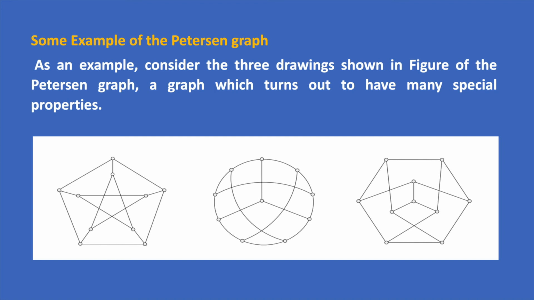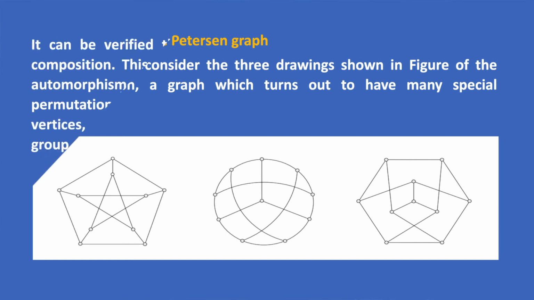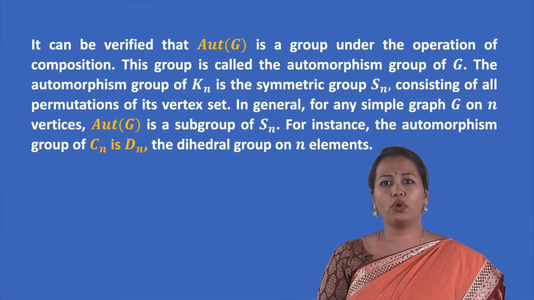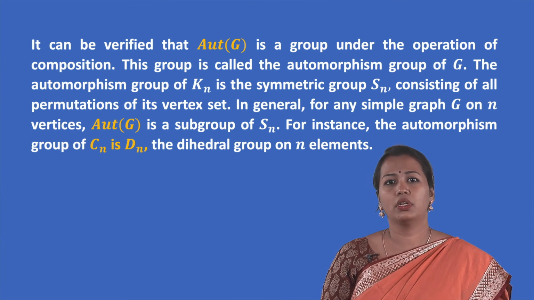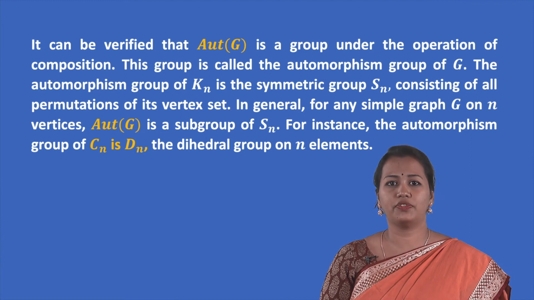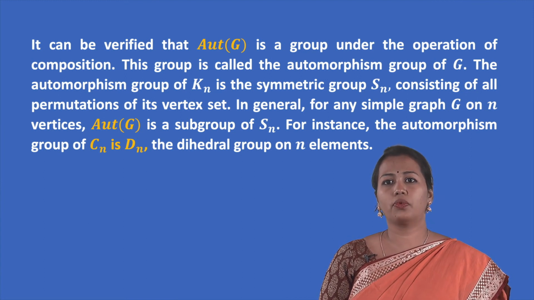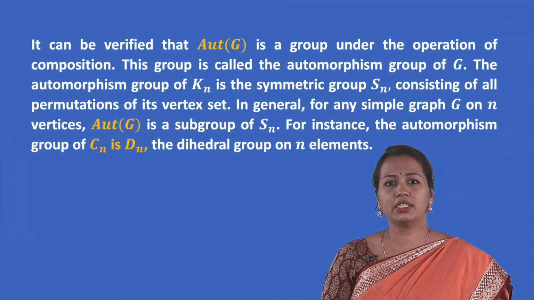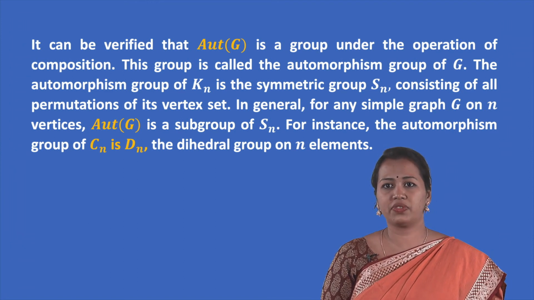We denote the set of all automorphisms of a graph G by Aut(G) and their number by |Aut(G)|. It can be verified that Aut(G) is a group under the operation of composition. This group is called the automorphism group of G. The automorphism group of Kn is the symmetric group Sn consisting of all permutations of its vertex set.